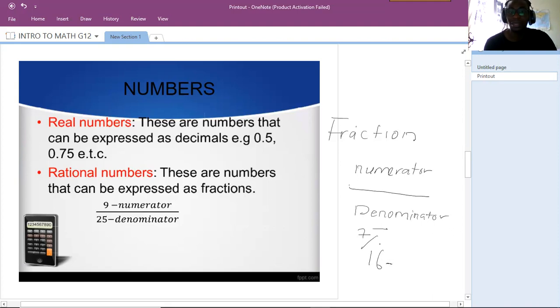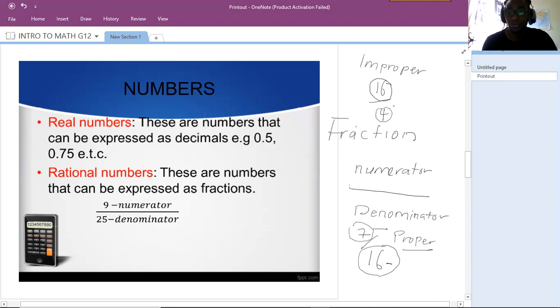So this is a form of a fraction, and this fraction is known as a proper fraction. When we say a proper fraction, it means the numerator, the number appearing above, is smaller than the denominator. If we say an improper fraction, it means the numerator will be much bigger than the denominator.